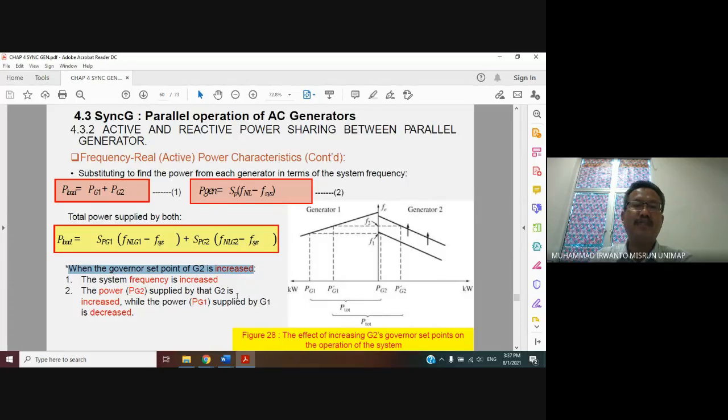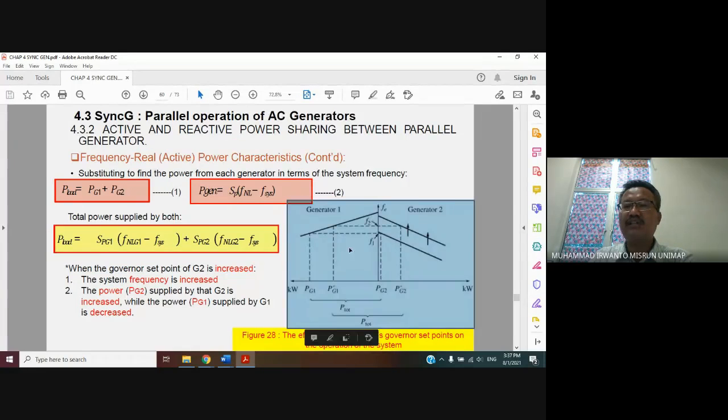When the governor set point of G2 is increased, the system frequency is increased. The power PG2 supplied by G2 is increased, while the power PG1 supplied by G1 is decreased.